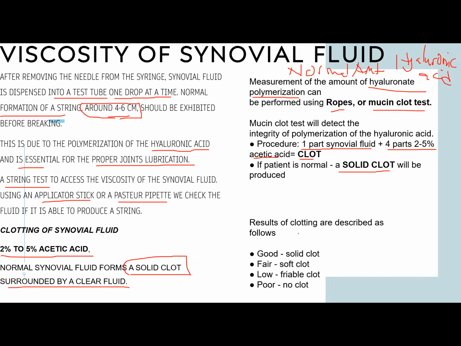If after adding your 2 to 5% acetic acid it forms a solid clot, the interpretation would be good. If it's a soft clot, it would be fair. If a friable clot, it would be low. And if there's no clot, the interpretation would be poor.